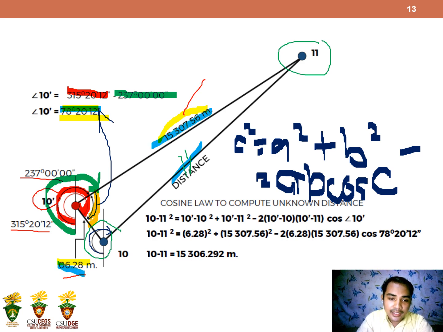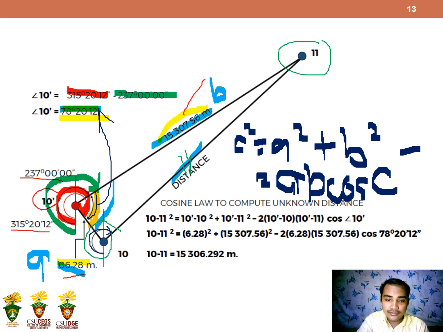So we have 10 to 11 squared, which is our side c, equal to 10 prime to 10 squared, which is our side a, plus 10 prime to 11 squared, which is side b, minus 2 times side a, 10 prime to 10, times side b, 10 prime to 11, times cosine of the included angle C, which is 10 prime.